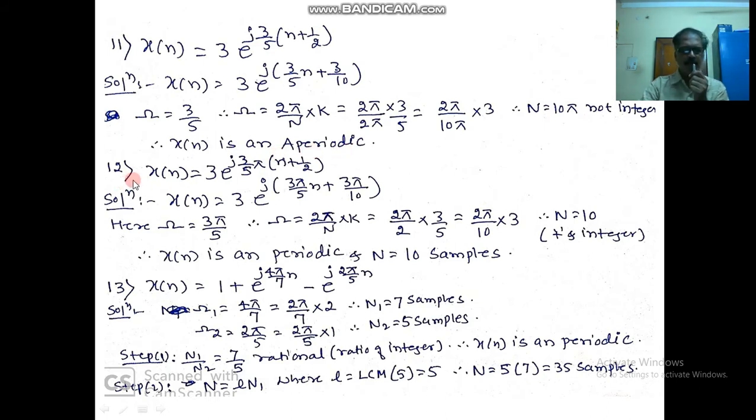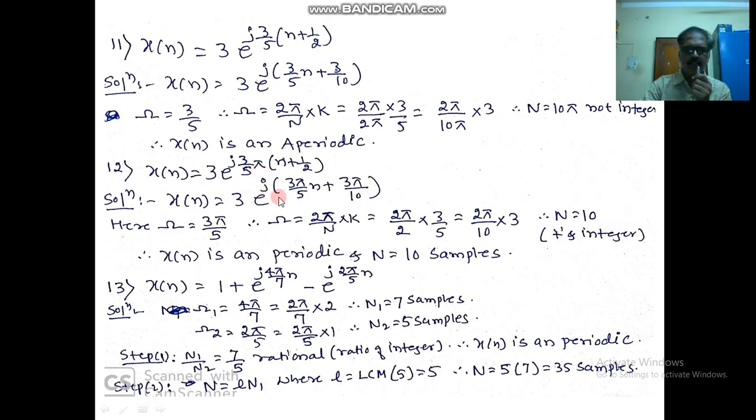Go for the 12th problem. x of n equals 3 into e to the power of j 3 by 5 pi of n plus 1 by 2. Again the given signal I have to simplify: 3 into e to the power of j of 3 pi by 5 into n plus 3 pi divided by 5 into 1 by 2, which is 3 pi by 10.